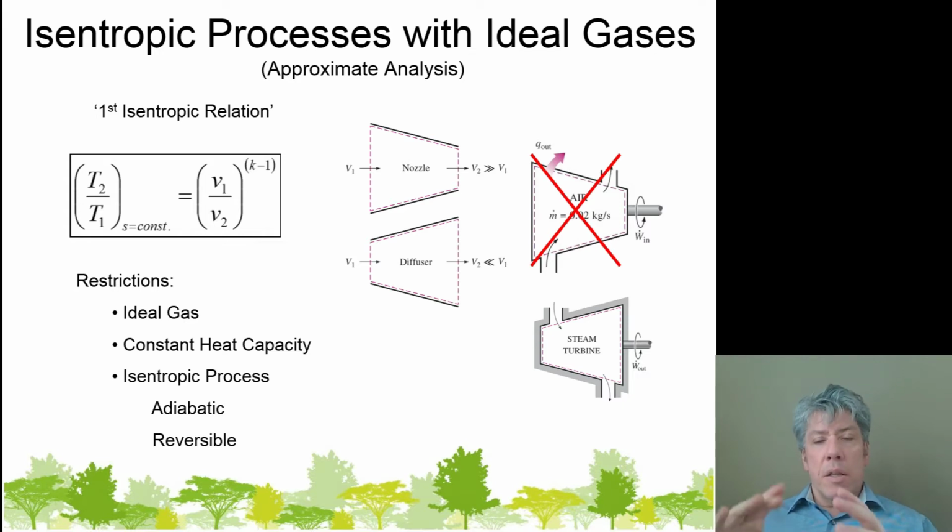It's just in this author's book, sometimes what he'll do is put a whole bunch of equations together that have one restriction, and he'll put that restriction at the beginning, like for ideal gases, all these equations apply. So be careful and make sure that you find this equation number one, and that you make it obvious to yourself that these restrictions are restrictions on that equation. It has to work for an ideal gas, constant heat capacity, and an isentropic process only.